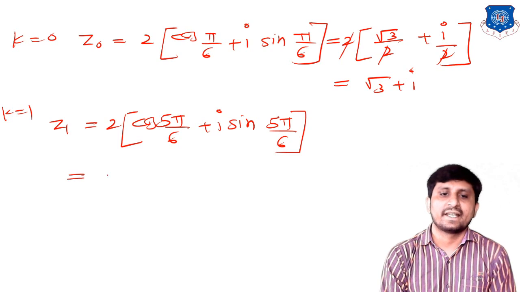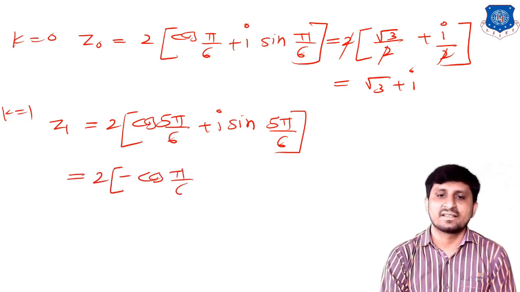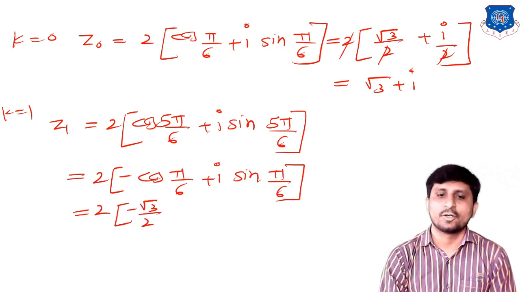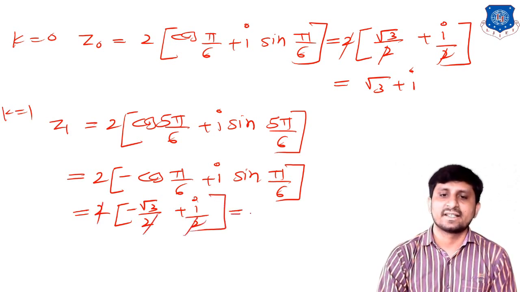So can I write directly 2 into minus cos π/6 plus i sine π/6, which is equal to 2 into minus root 3 by 2 plus i by 2. This 2 will be cancelled out, so this is exactly the value of minus root 3 plus i.